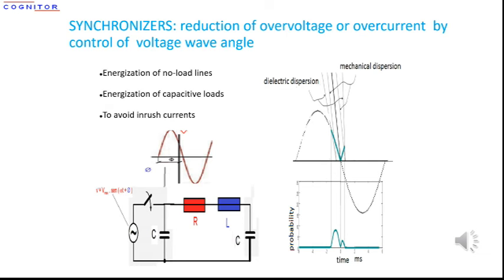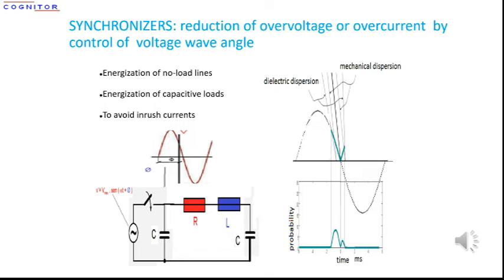So-called synchronizers are devices that have the function of controlling the angle of closing or opening of the circuit breaker, which is protecting the circuit, over a certain angle of the voltage wave. You see in that figure here that there is one angle phi.